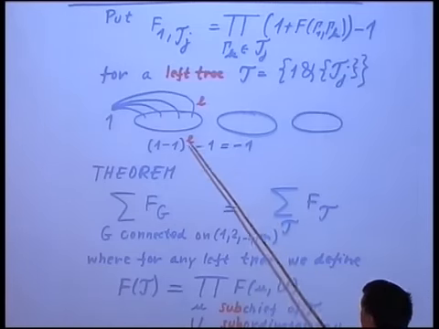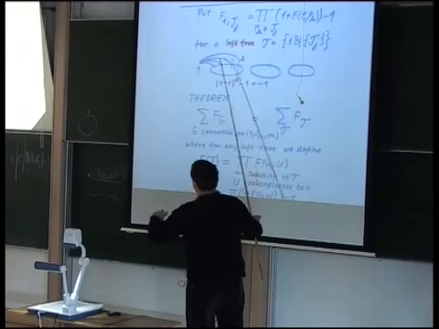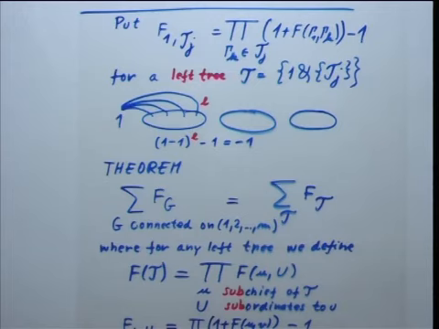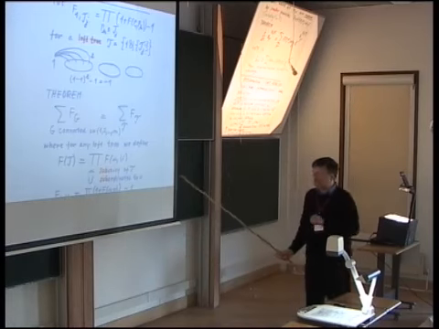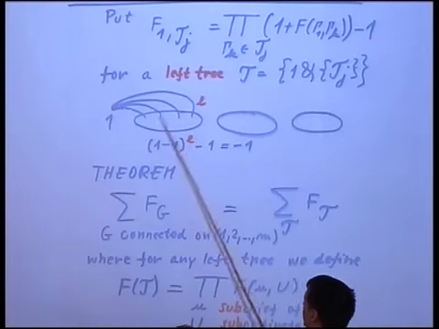So you continue. You replace the graph by a left tree. Of course, in the hard repulsion case, this is precisely minus 1. So you pay minus 1 for each connection of the chief with the substructure.